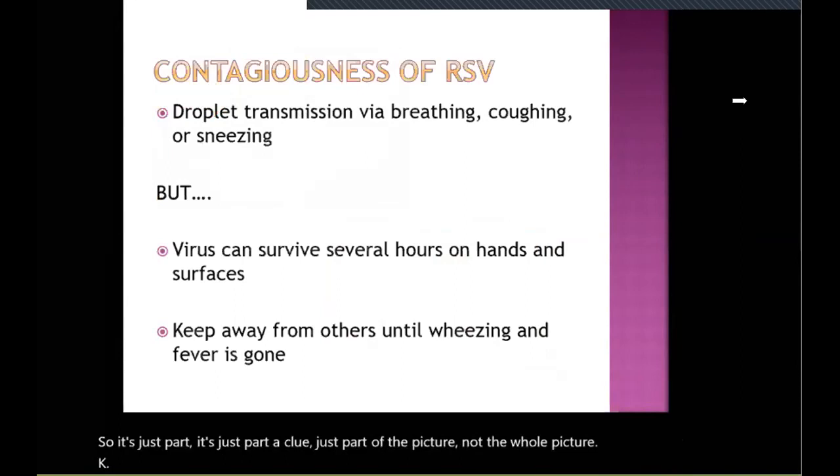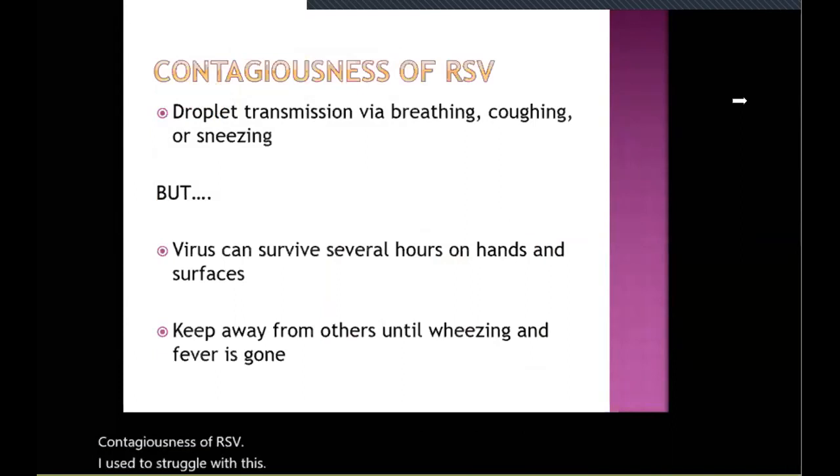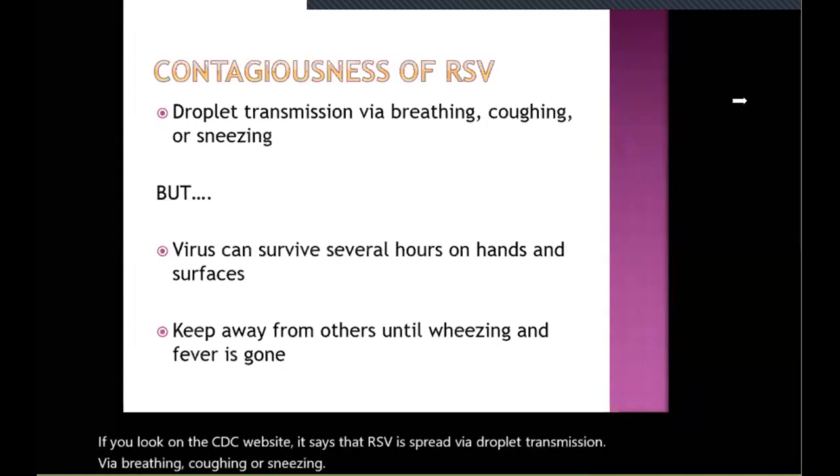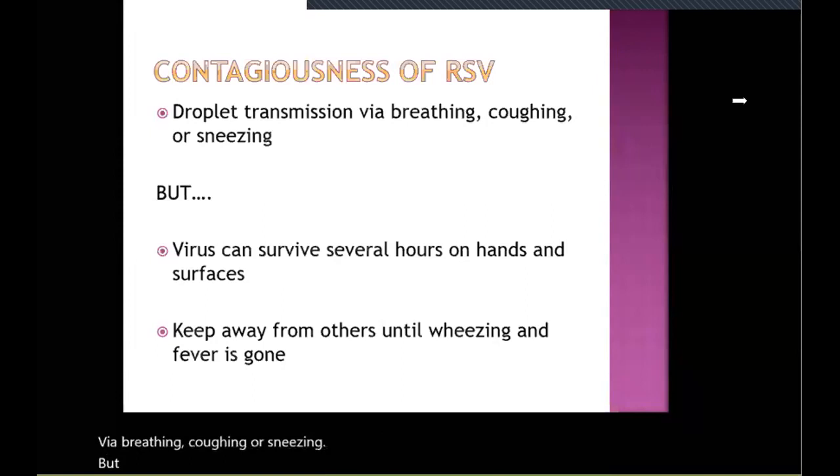Contagiousness of RSV. I used to struggle with this. If you look on the CDC website, it says that RSV is spread via droplet transmission, via breathing, coughing, or sneezing, but it's not placed under a droplet precaution in the hospital setting.